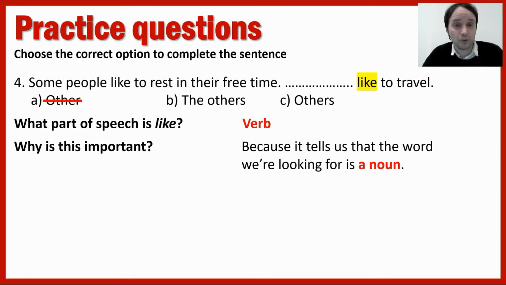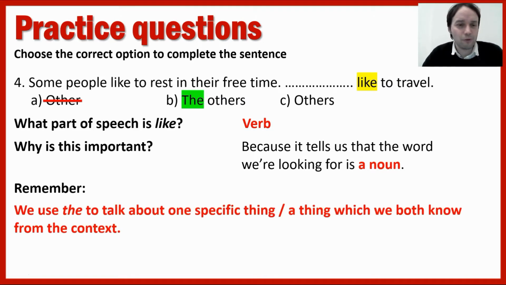Alright, so what's the difference between B and C? Well, there's one difference. It's our good friend the article, the definite article, the. Alright, remember, we use the to talk about one specific thing or a thing which we know from the context. So I think maybe some of you have noticed that if we're talking about one specific thing, why is it that we have the letter S there?